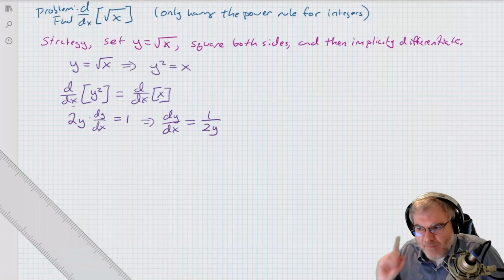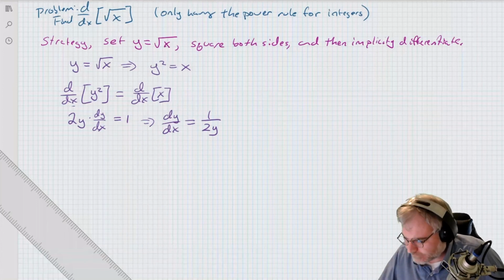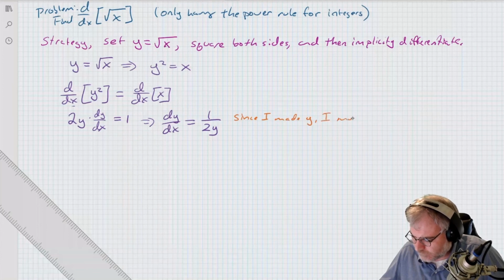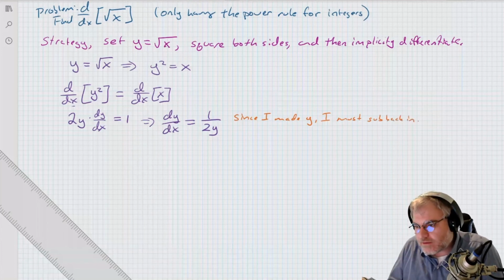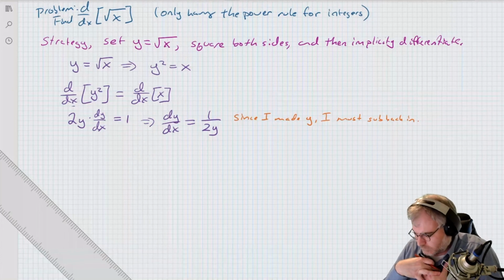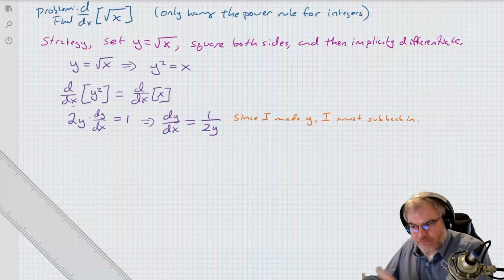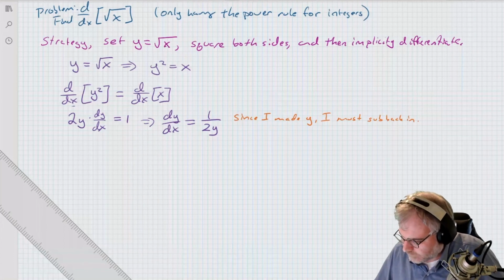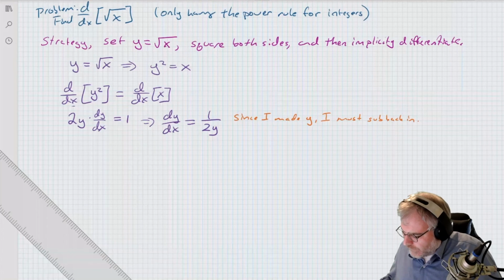Now, since I made y, if I giveth, I taketh away. Go feel like God. If you giveth, you must taketh away. So, since I giveth, I must taketh away.